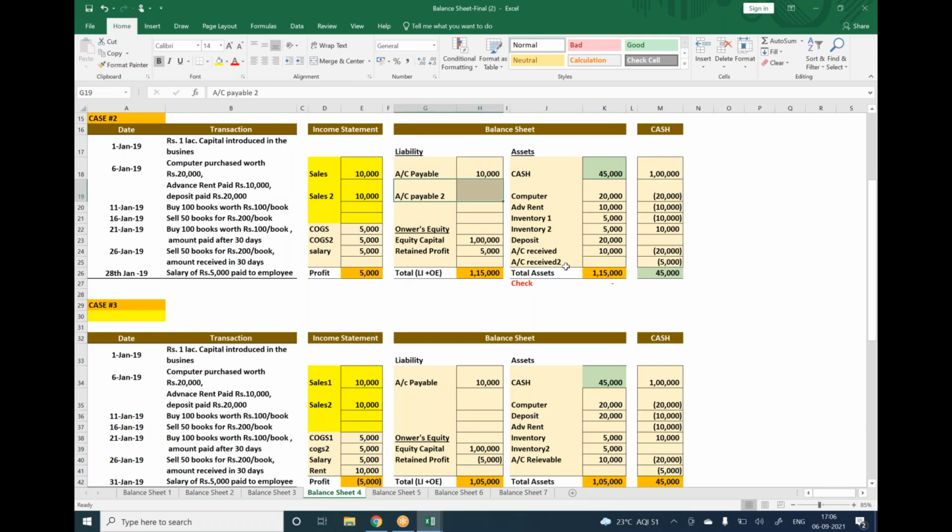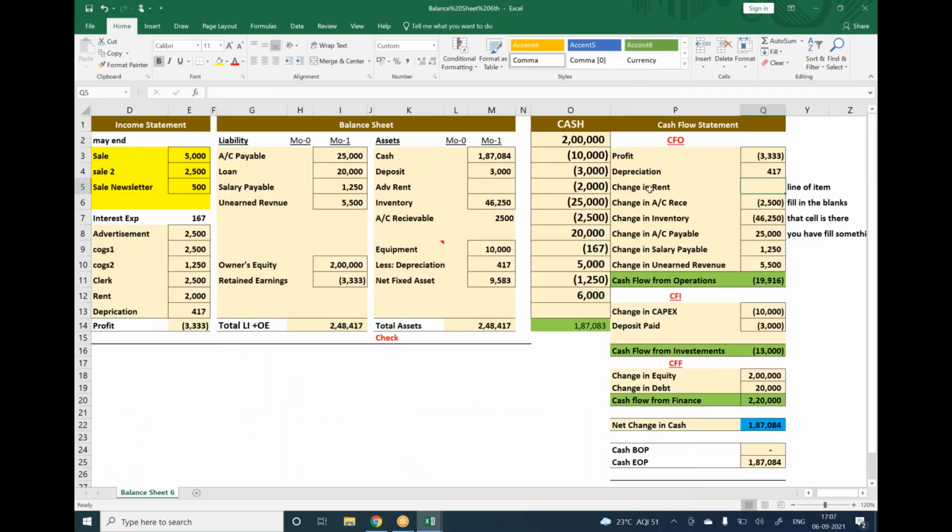We don't need it. And account receivable 2 also was there. We don't need it. Just because it is there doesn't mean you need to fill it up. You have to read the left side and understand whether it is required. That's the reason the minute you put 2000, it was not matching for you. Whether you need to fill it or not is in your hands.